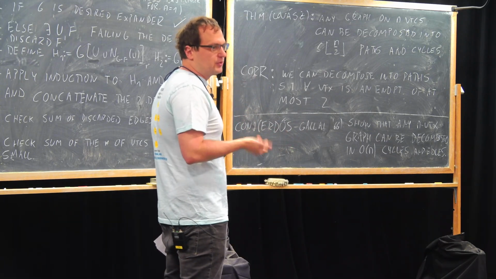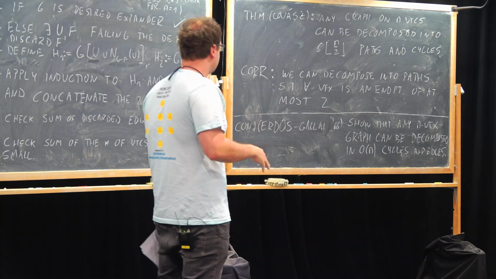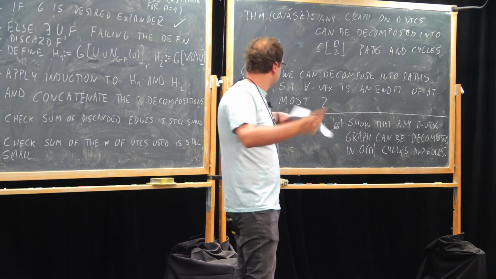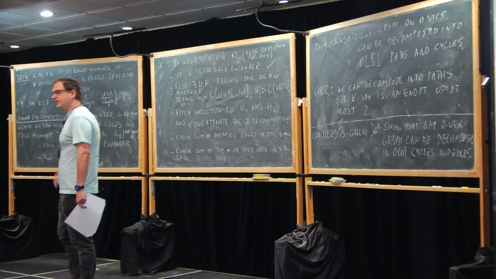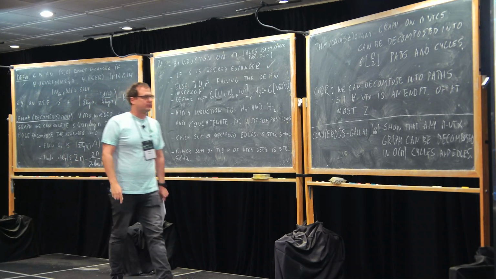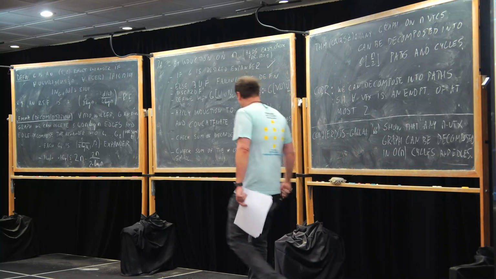Because as soon as you have an odd degree, you will not be able to do it. But when they're all even, then you can just use cycles. And it's not too hard to show that proving that you can do that in linearly many cycles and with cycles and edges is the same. But for us, it's more convenient to have this extra freedom on the edges when working on it.